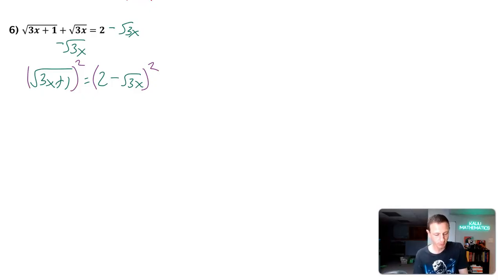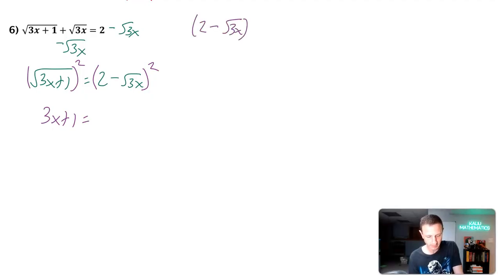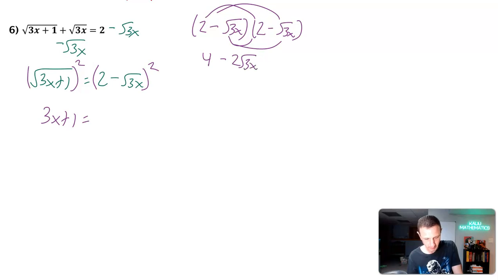So square root of 3x plus 1 squared is 3x plus 1 equals 2 minus square root of 3x times 2 minus square root of 3x. 2 times 2 is 4. 2 times negative root 3x is negative 2 root 3x. Then minus 2 square root of 3x, plus 3x, since square root of 3x times square root of 3x is just 3x.